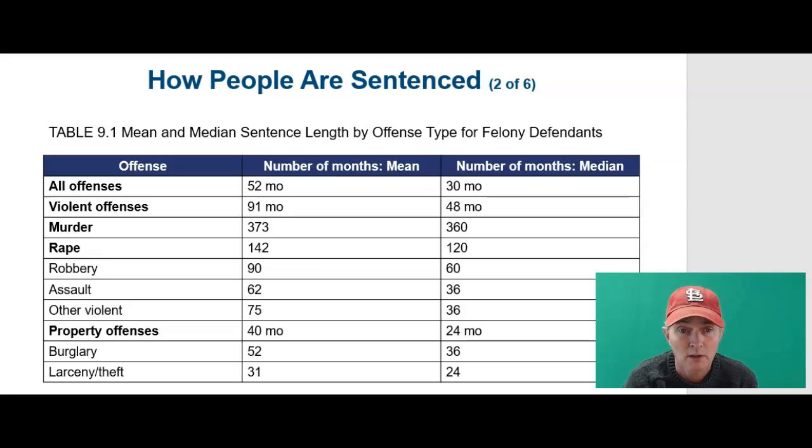Murder, well, it is what it is. The average and the median are real close here. Rape, about 142 months is the mean and 120 months is the median. You can see what your sentencing looks like. My guess is you don't want to be having to process whether this is happening to you or not.